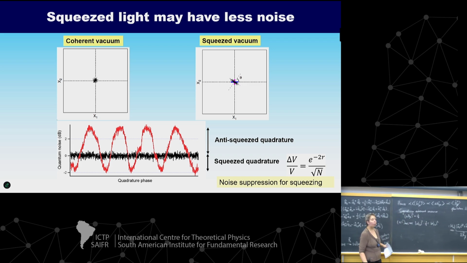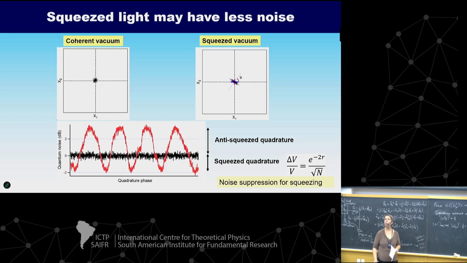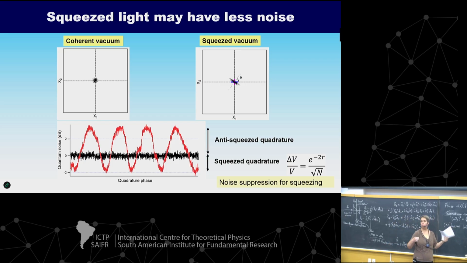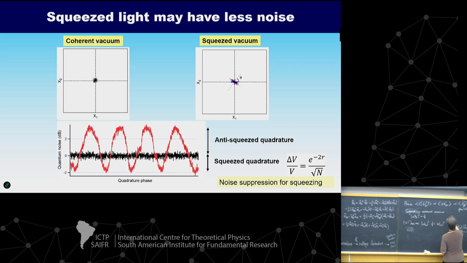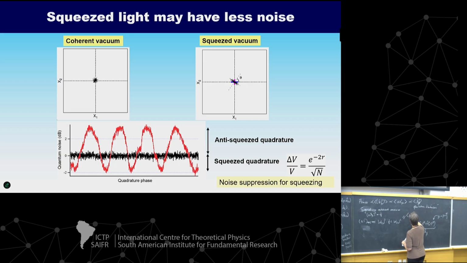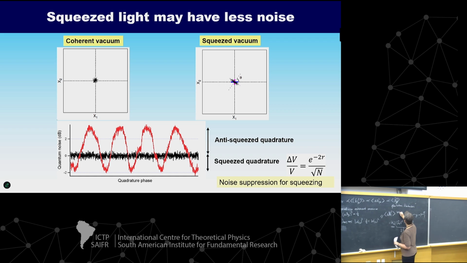So when you measure the variance of your current, it will give you the variance of your vacuum, which will be proportional to the local oscillator. So that's going to be the variance of your quadrature, right? So this is called variance.